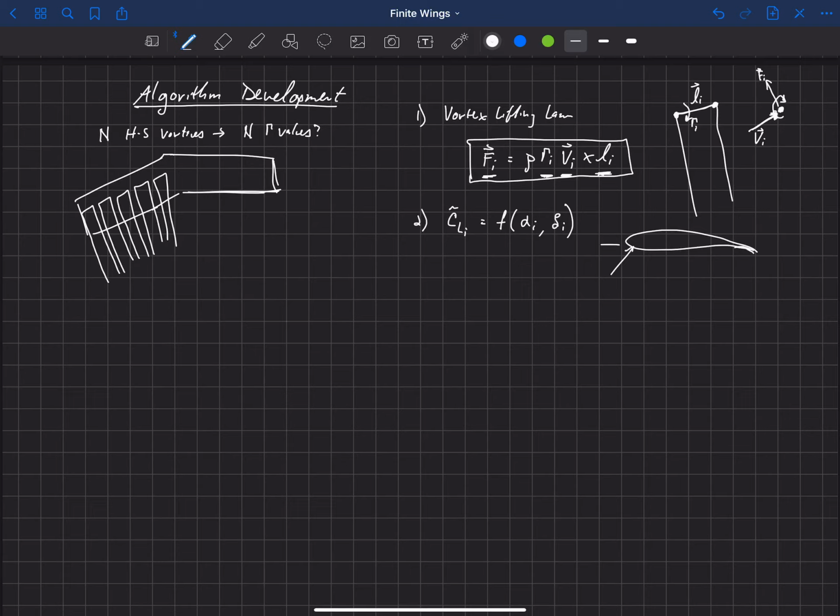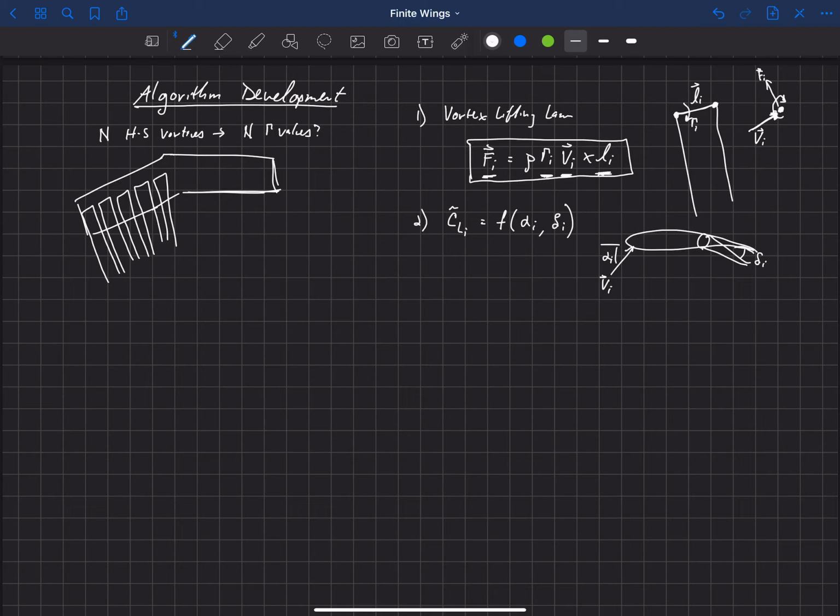So this is our local V, and so we'd have some angle of attack alpha I, and then if we wanted, we could include some flap deflection back here, which would be delta I. Okay, so from airfoil theory, we know what the lift coefficient would be as a function of alpha and delta.